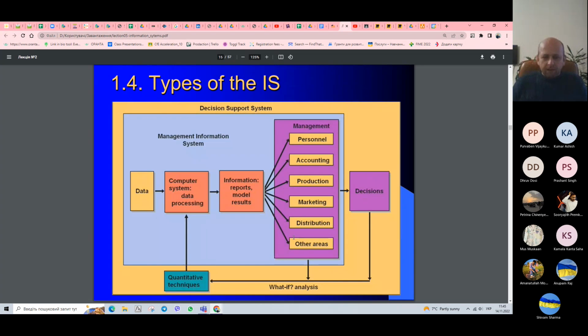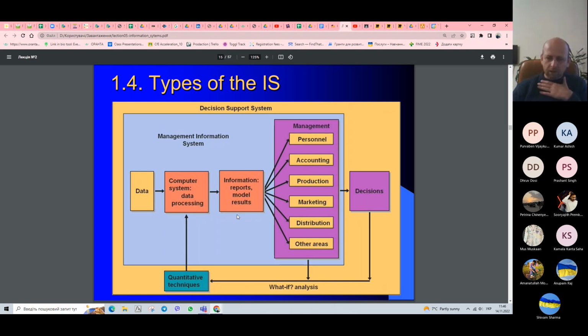Types of information system are present: management information and management potential users. This is data which we collect from our patients, from doctors, from the laboratory, from different equipment. After that, our system processes it, and as a result produces different kinds of reports, models, and results.